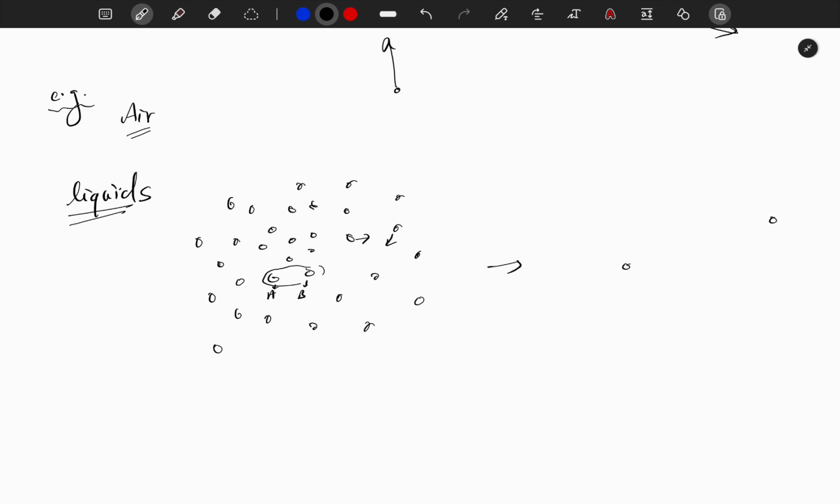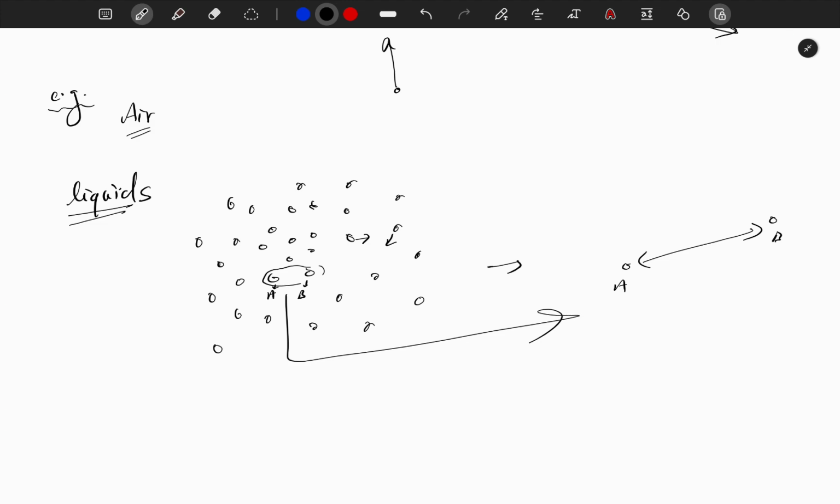So in water also the molecules are constantly moving about with respect to each other. So this is A and this is B, so they are at a larger distance than they were previously.